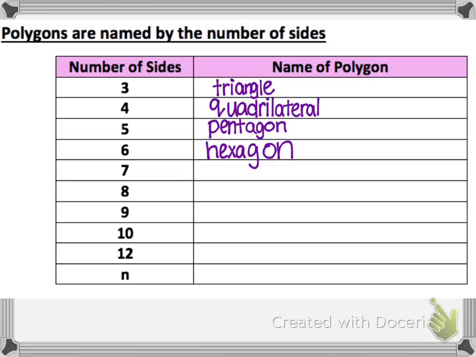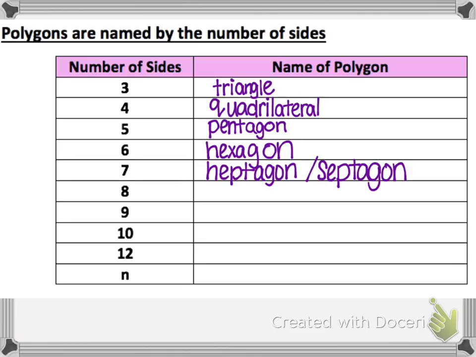Now 7 I always learned as a heptagon, but I have also heard septagon, so I will really take either one. Septagon sounds like it would be a transformer, like a Decepticon.